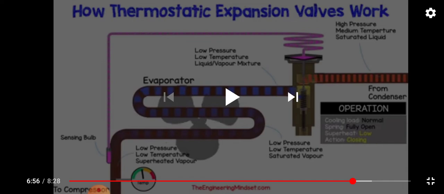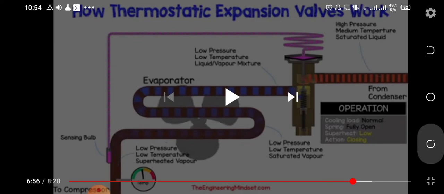When I was teaching a physical class, I used to have a lab session for all students where they could see the actual machine of an air conditioner and how it works. But right now, due to the COVID pandemic, the students cannot go to the lab, so I will upload that physical video so your concept becomes more clear.